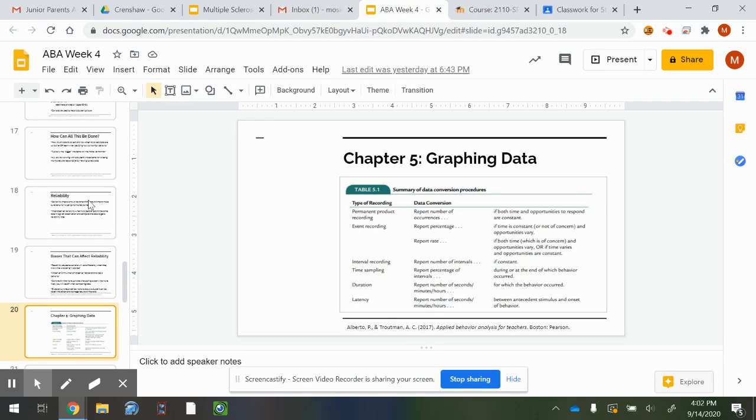It talks about the different types of recording: permanent product, event, interval recording, time sampling, duration, latency. It talks about how to convert the data. You can read through that there. I won't read through all of it, plus we're going to talk about it in class. But it's very, very important to know, and a very good graphic to go back to.